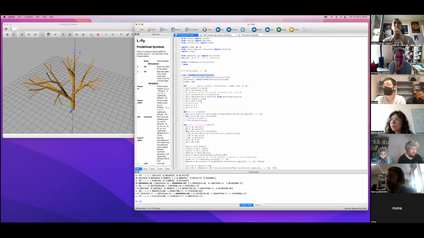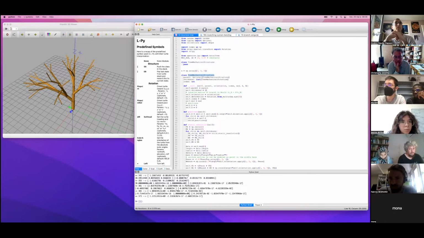The tree mechanical structure is like a recursive structure where each object is an internode, which has a point A and a point B. These are the endpoints of each segment.